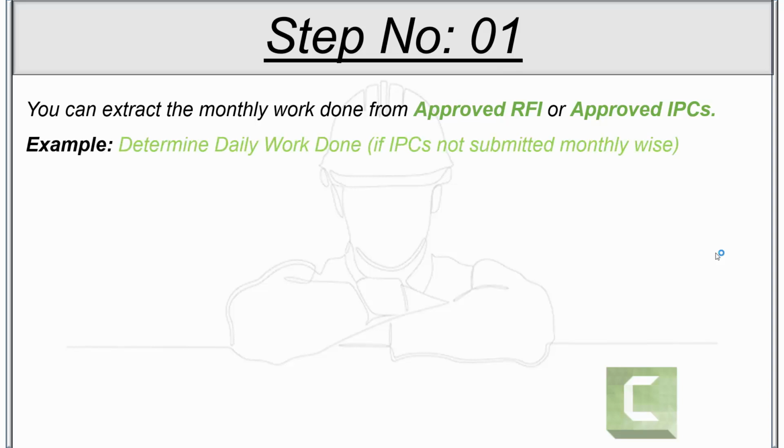If IPCs are submitted monthly, you do not need to do step number one. You can start from step number two. Step number one is for when your IPCs are not submitted monthly. So first of all, we will determine daily work done.